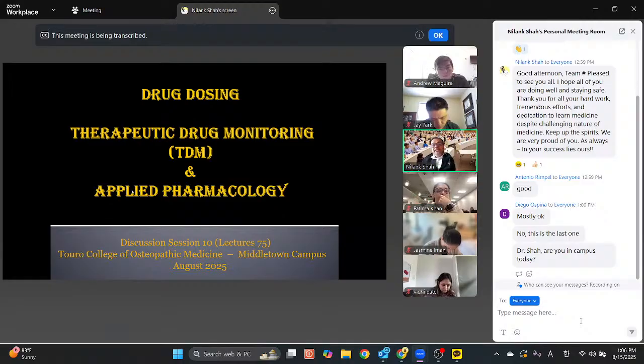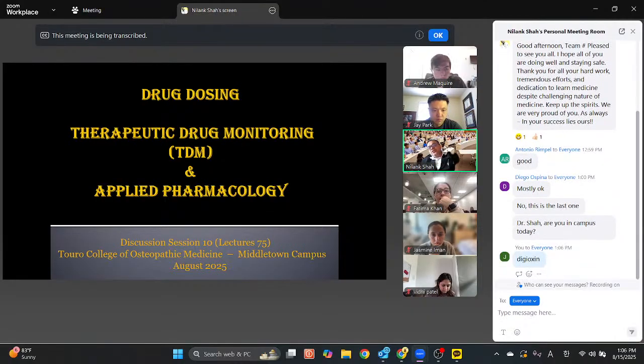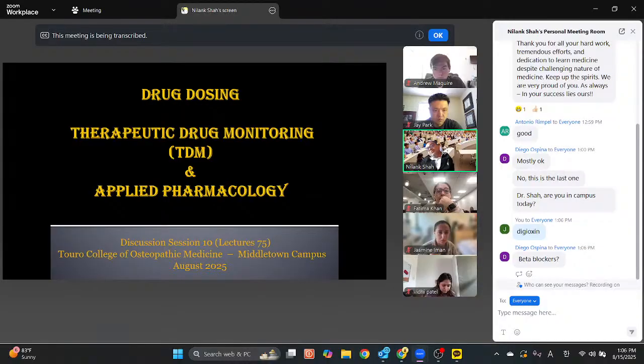Can anybody tell me what drug that is? It has a very narrow therapeutic index, and we still have to use this drug to treat congestive heart failure. What is the name of that drug? Anybody have any idea?